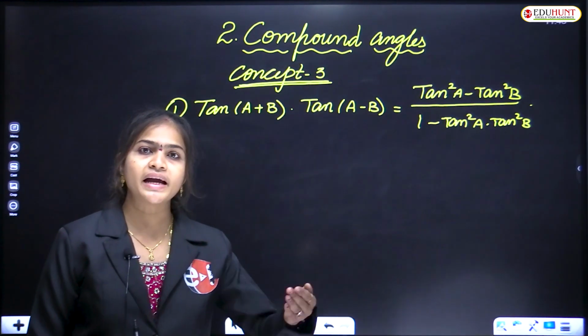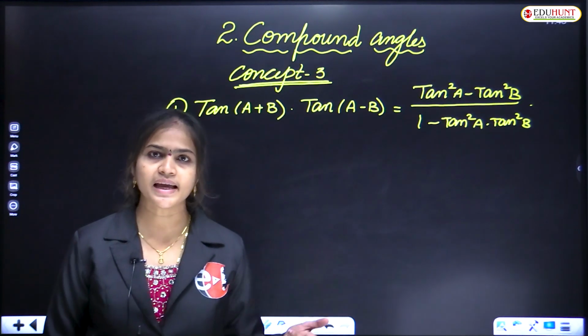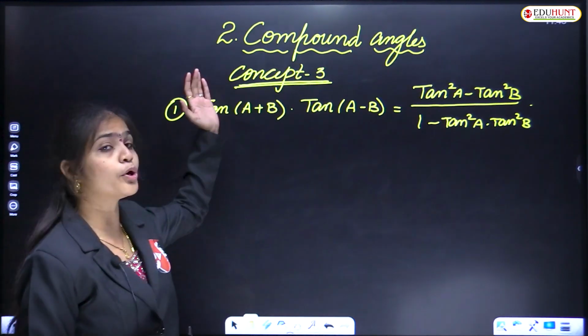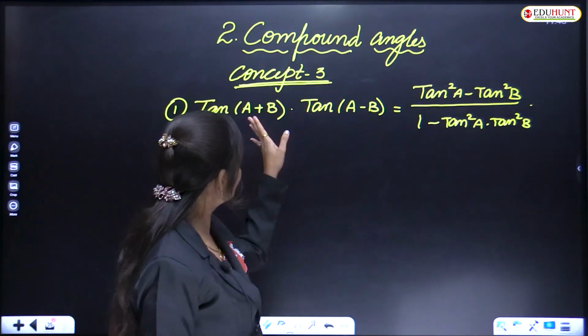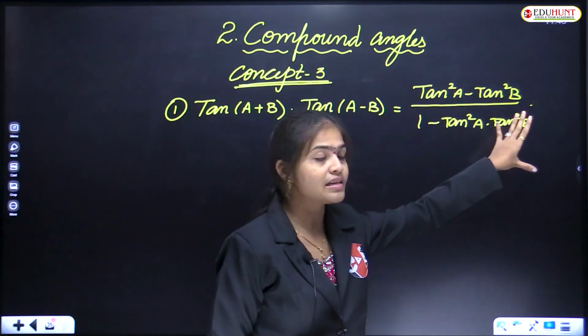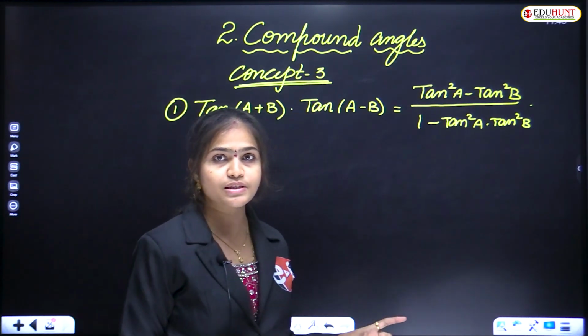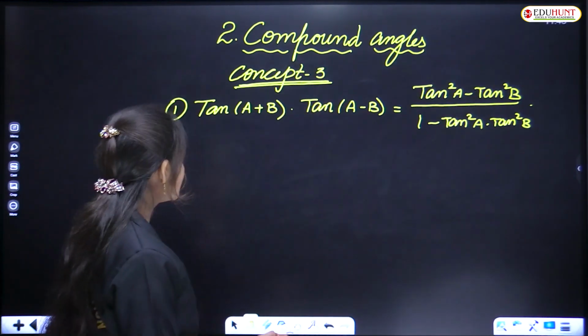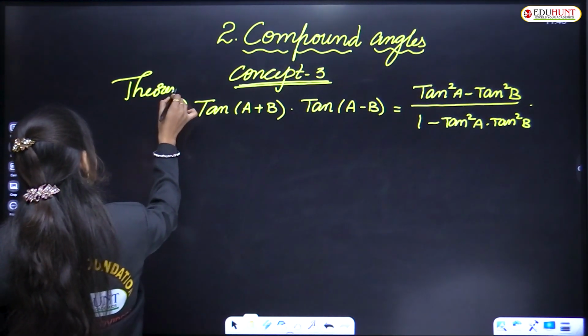And tan of a minus b is tan a minus tan b by 1 plus tan a tan b. Here they are asking for the product of those two formulas. After multiplying, the resultant is tan square a minus tan square b by 1 minus tan square a tan square b. So this is the first theorem.